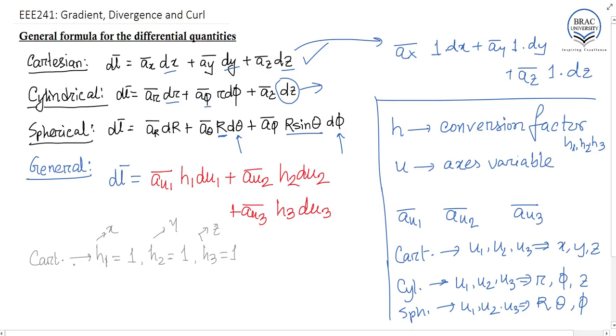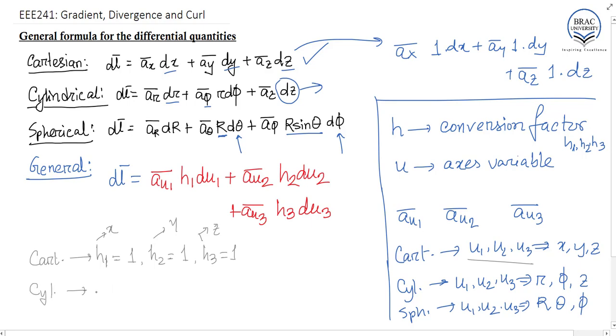And in the Cartesian coordinate system, u1, u2, and u3 are x, y, z, so a u1 is ax, a u2 is ay, and a u3 is az.